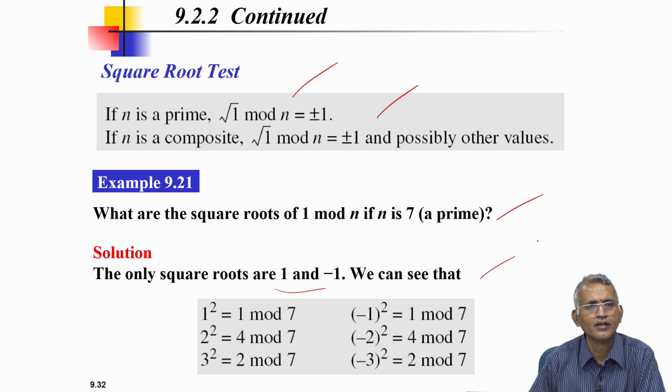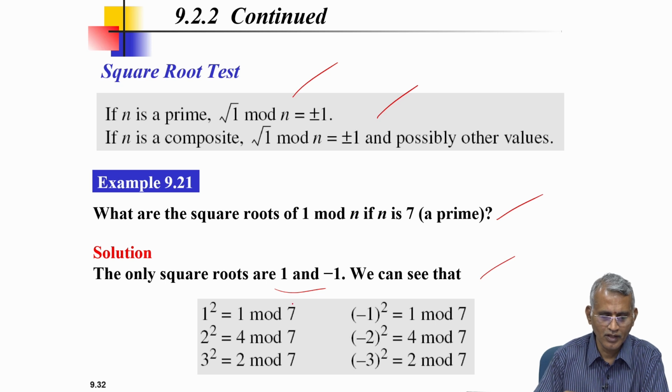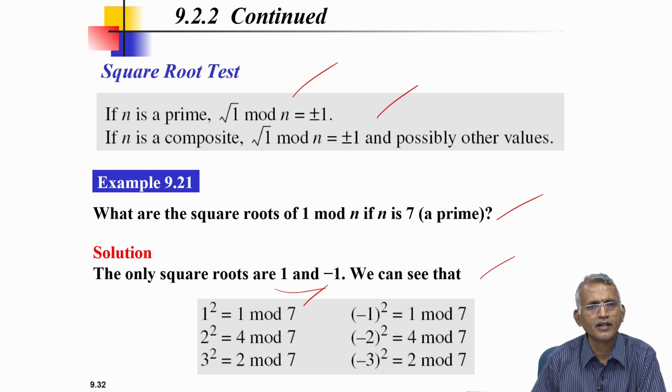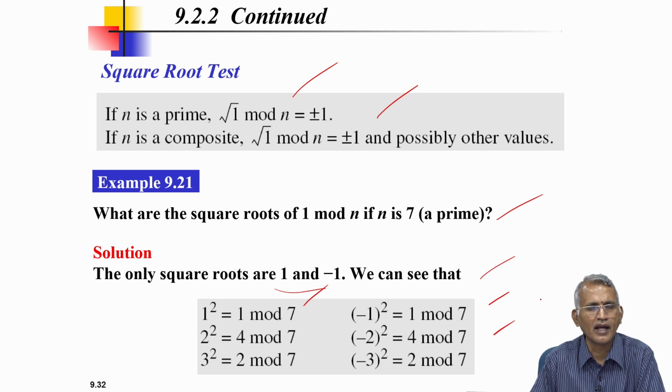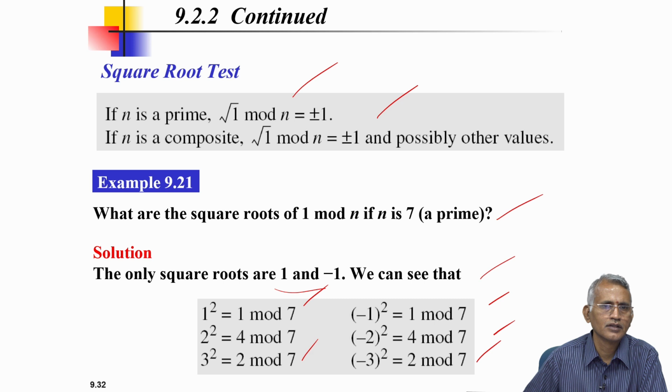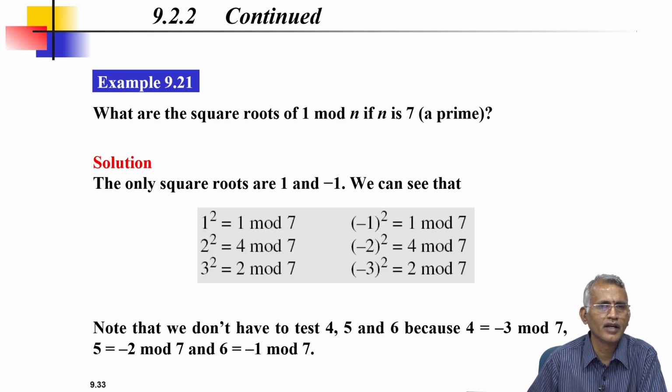We can see that 1 square is identically equal to 1 under modulo 7, and minus 1 square is also identically equal to 1 under modulo 7. 2 square is 4 under modulo 7, minus 2 whole square is also 4. 3 square is 9, and 9 by 7 the remainder is 2, therefore identically equal to 2, and minus 3 the whole square under modulo 7 is 2. So, this is the way we can express the modulo of the numbers.